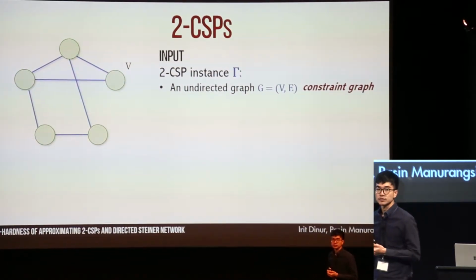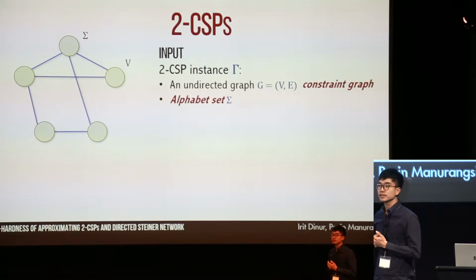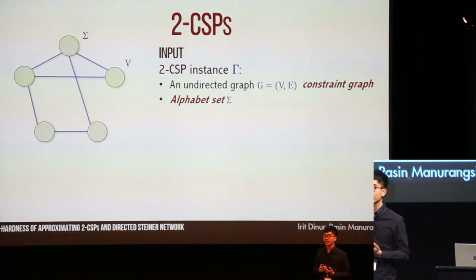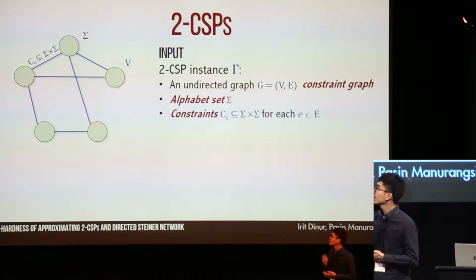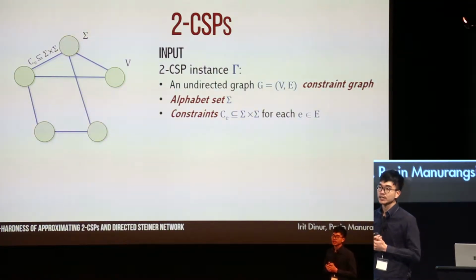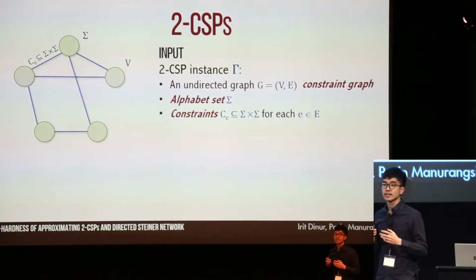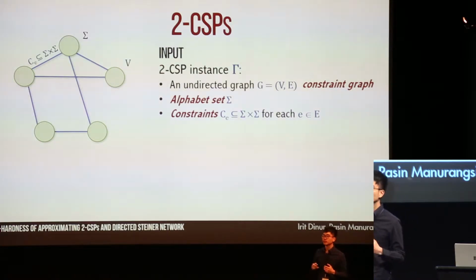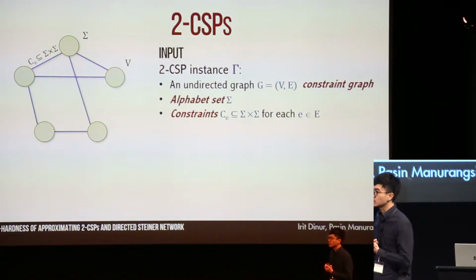This is called the constraint graph. The second part of the input is the alphabet set, or the domain. These are the values that we can assign to each of the variables. And lastly, we have the constraints, one constraint per edge. This specifies the possible assignments to the two endpoints that we consider to satisfy this constraint.